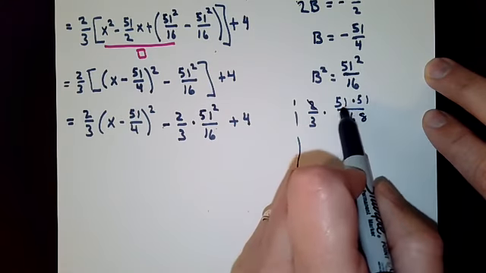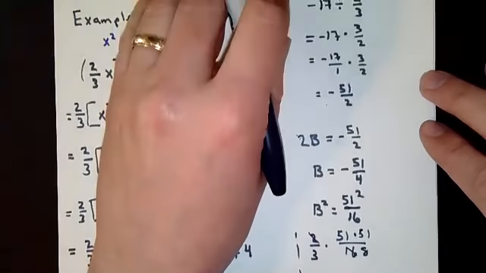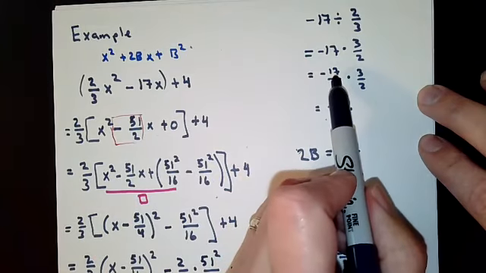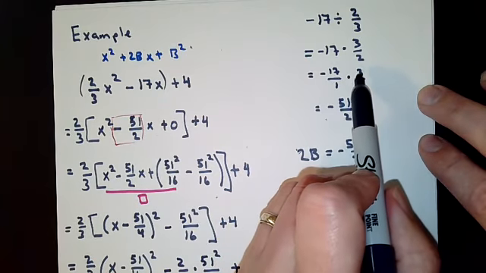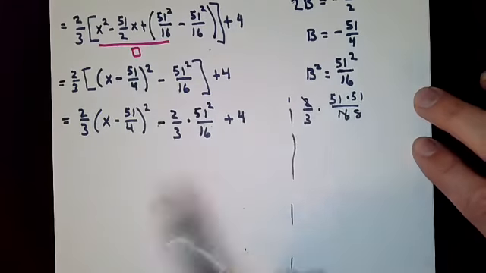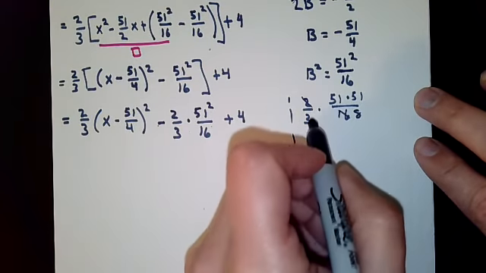And now, do you remember where we got the 51 from? If we go all the way back up to the top of our sidebar here, we got the 51 because we multiplied 17 times 3.